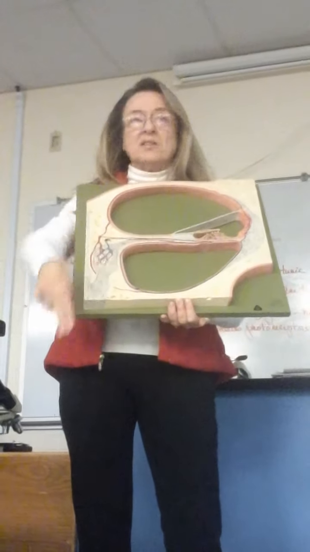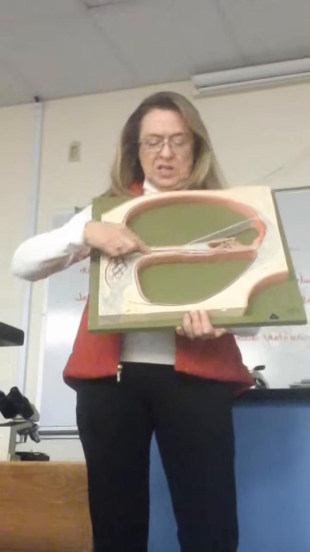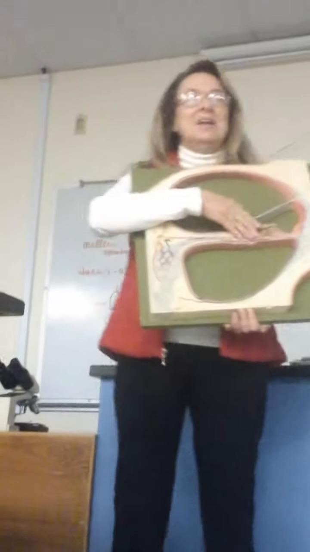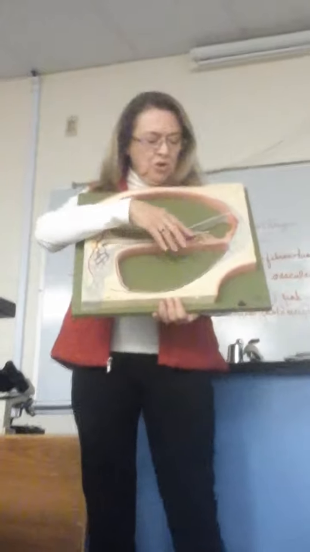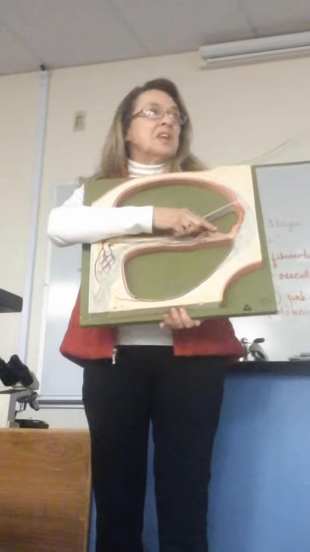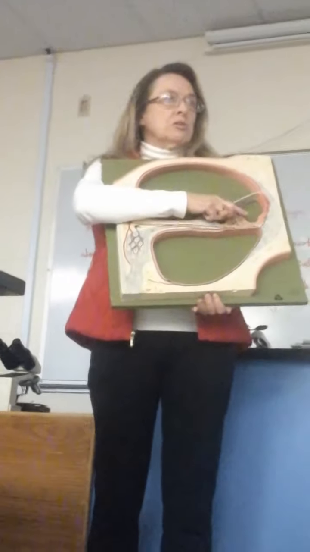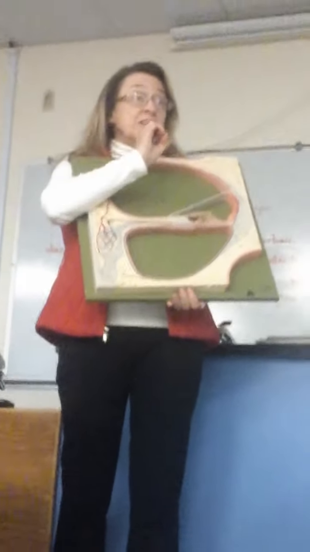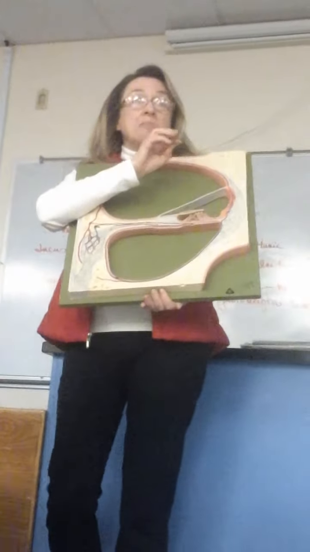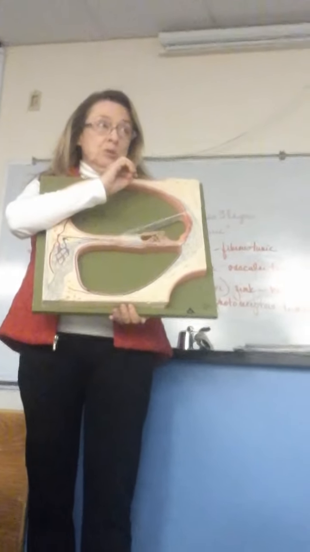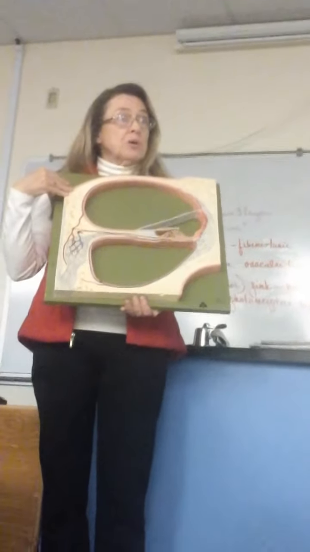So if these are axons going by way of the nerve, what's coming this way? Dendrites. And my dendrites are going to synapse with these receptors right here. These receptors are basically mechanoreceptors. Something has to physically happen to them before they generate an action potential.